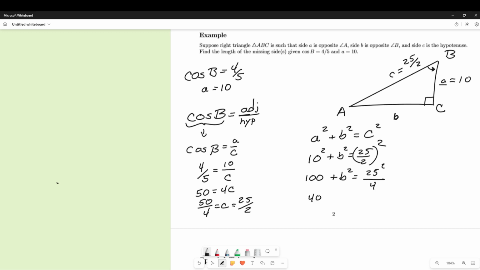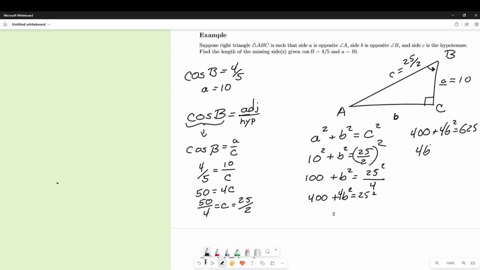So 400 plus 4b squared equals 25 squared. That's 25 25s. Is that 625? I think it's 625. So 400 plus 4b squared is 625.